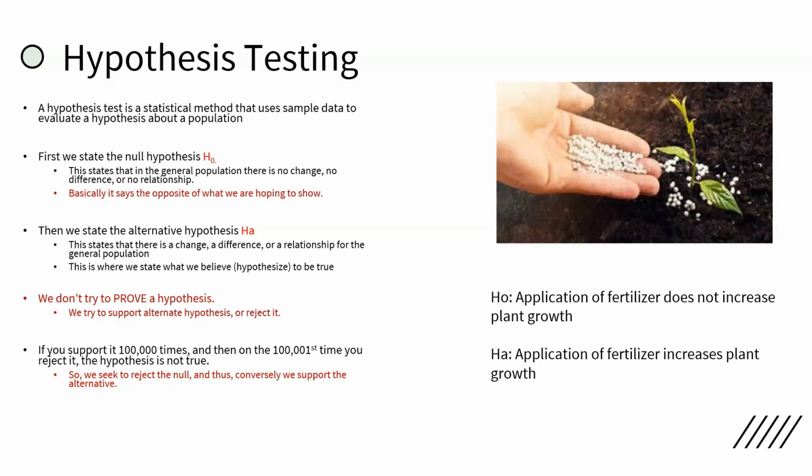Hypothesis testing is a concept where I'm trying to derive an inference about a population based on the information I have about a sample. Remember, the population and sample concept that we discussed in the earlier session.